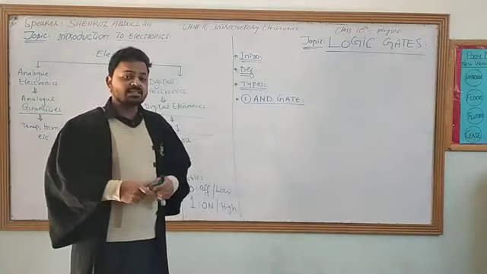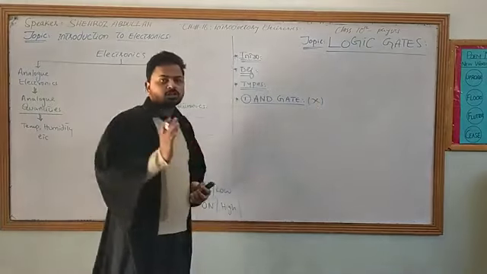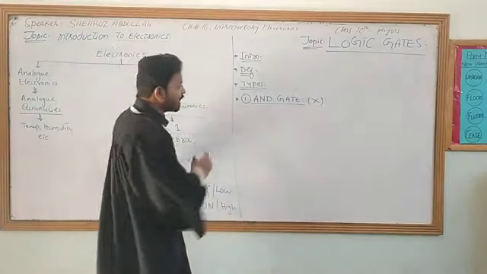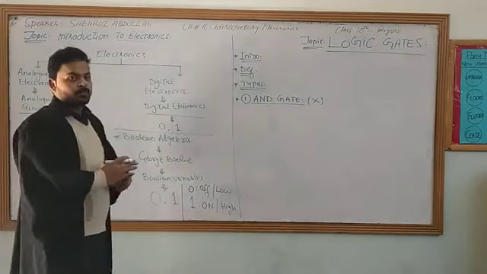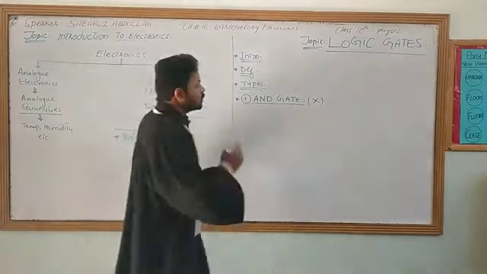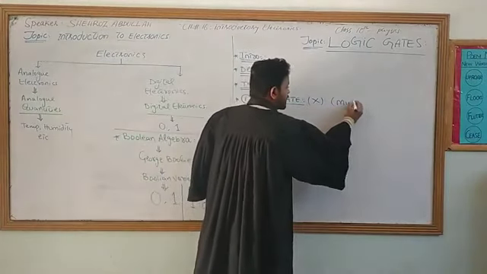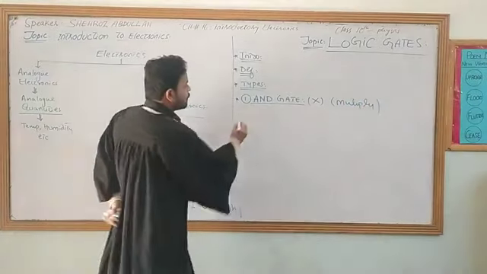The AND gate is that type of gate which performs the multiplication of two binary digits. We use the AND gate whose function is to multiply two binary digits.